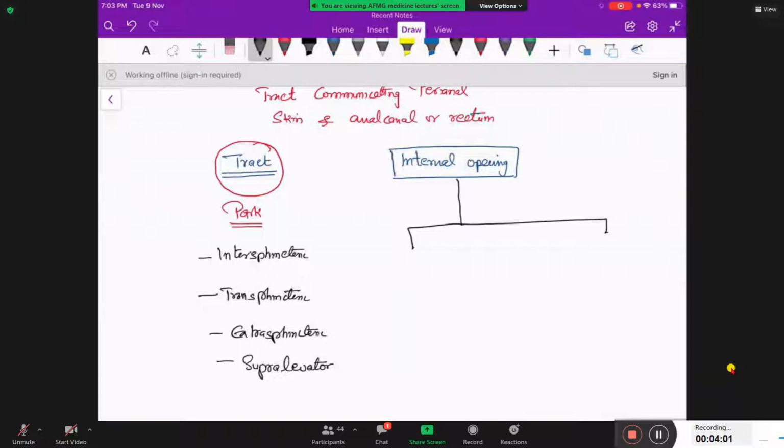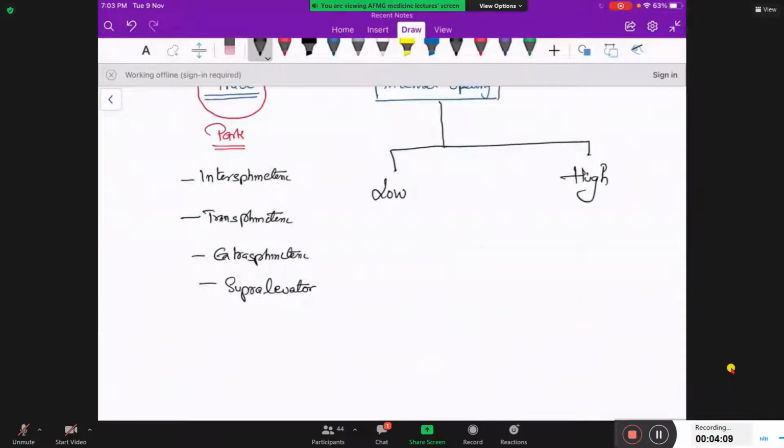On the basis of internal opening, it is divided into low type and high type.